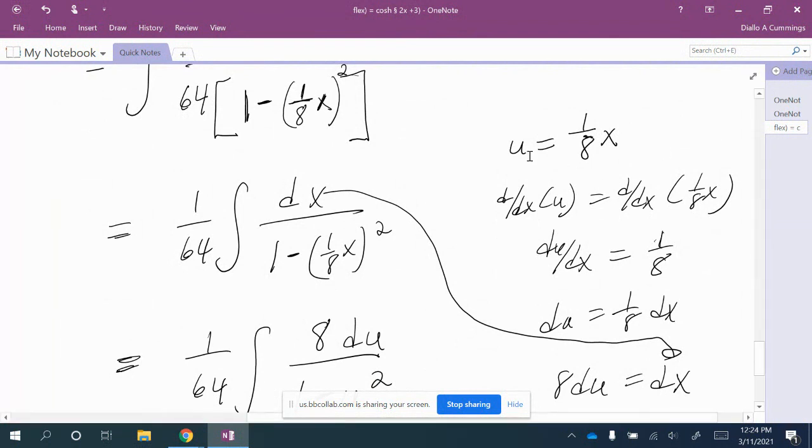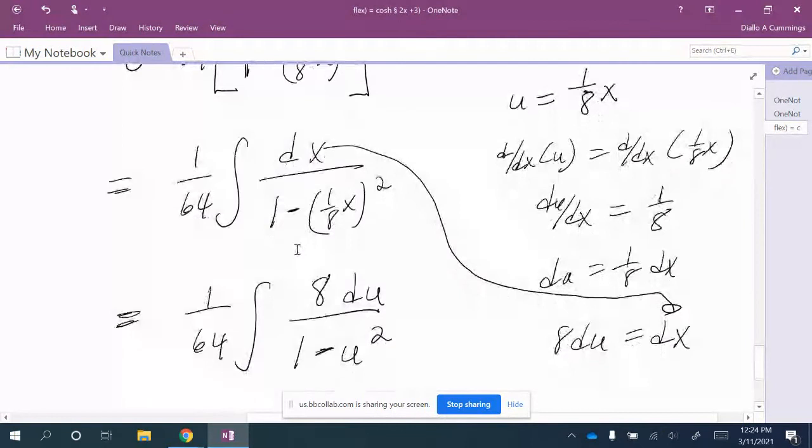Next, I made a u substitution. I substituted u for 1/8 x, so that allowed me to rewrite the denominator as 1 minus u squared.